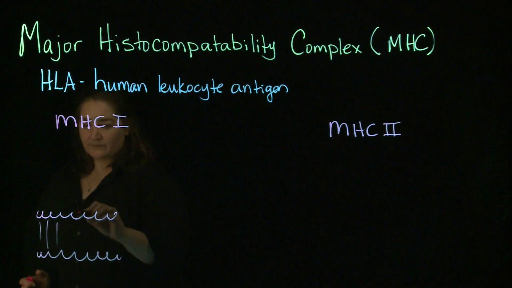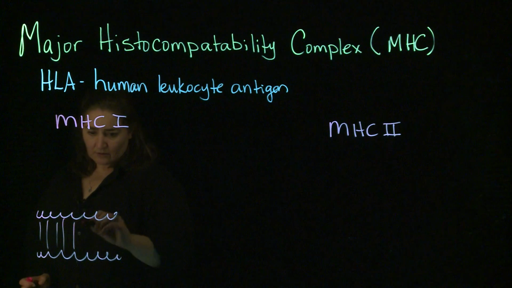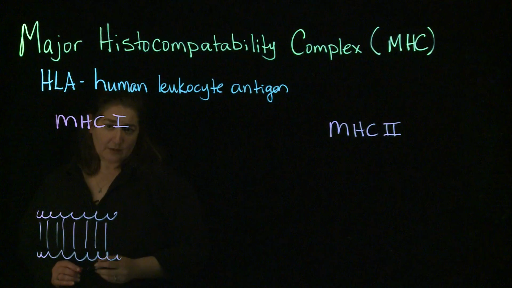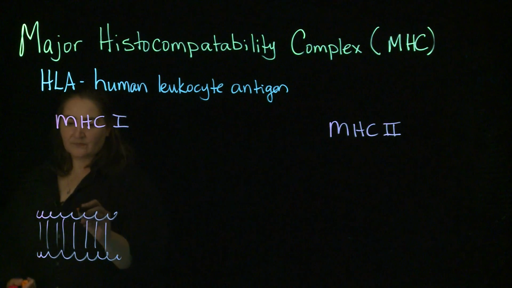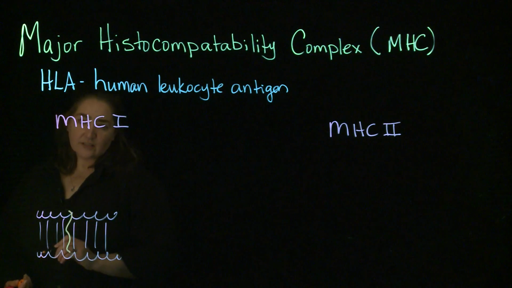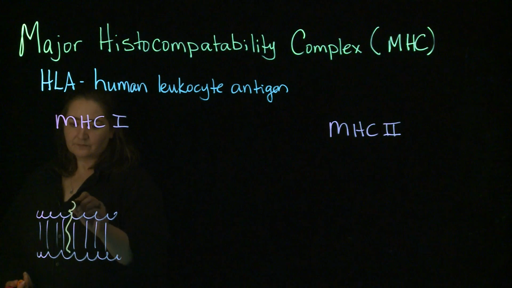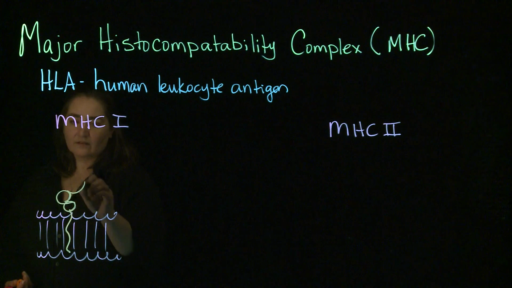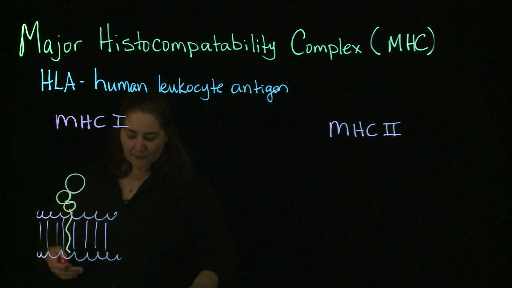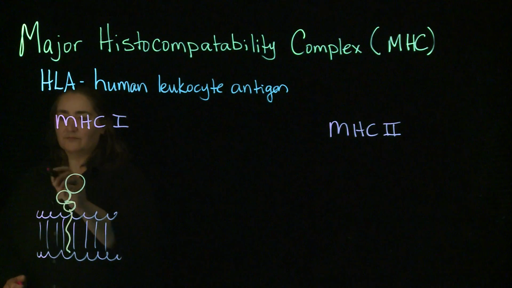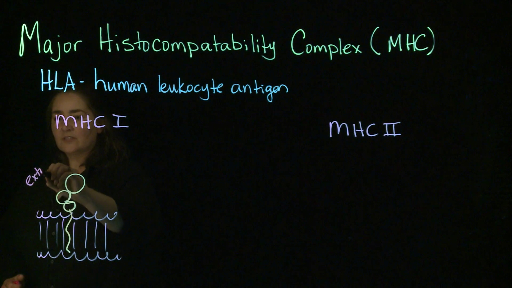This is my quick draw of a cell membrane. These are going to be proteins that are anchored in the cell membrane and are going to be expressed on the outside.